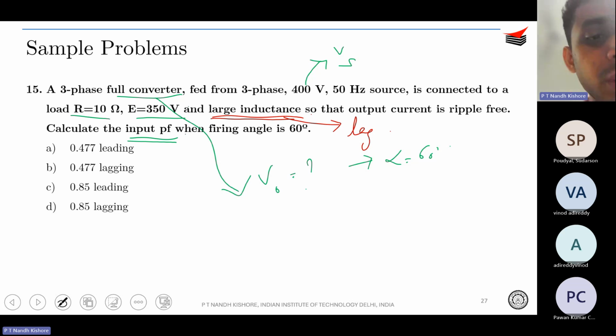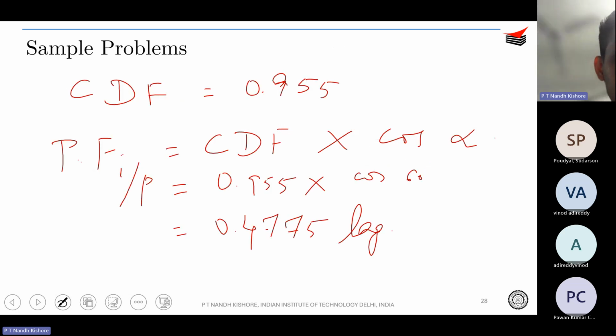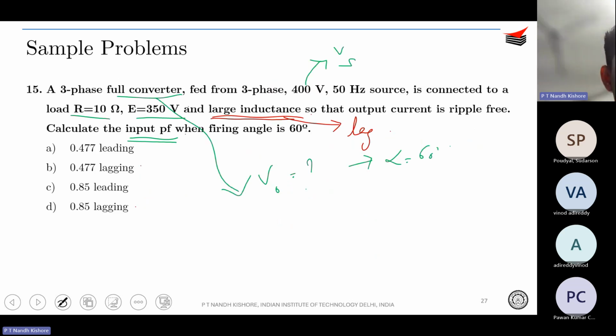Correct? Simple. Therefore, the option is either B or C. That is fine. They have asked the input power factor, which is current distortion factor times cos alpha. So cos alpha is cos 60, which is 1 by 2, 0.955 into 1 by 2 is 0.477, right? So the answer is 0.477 lagging.